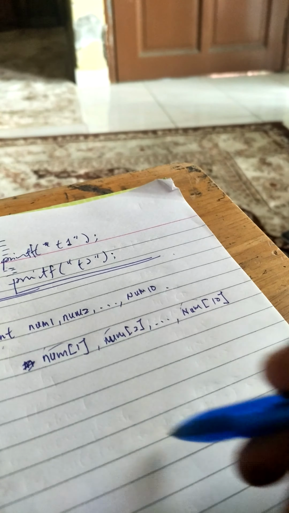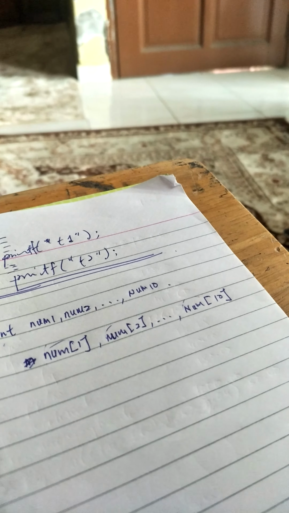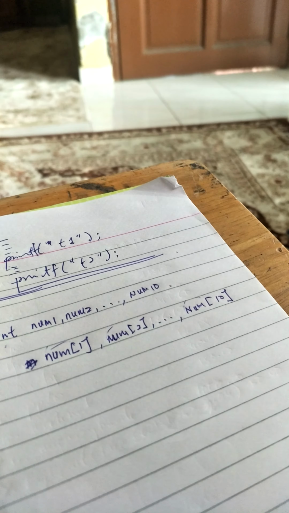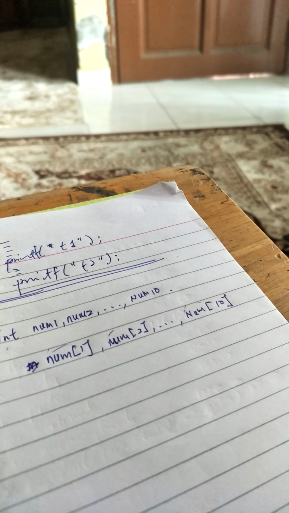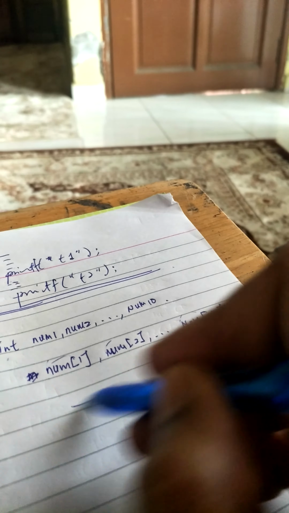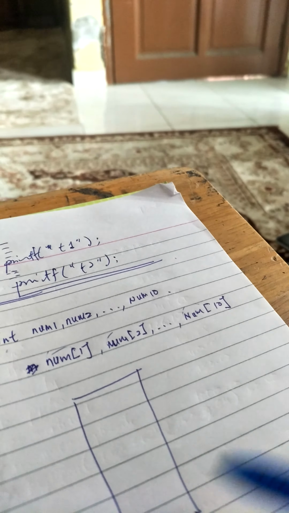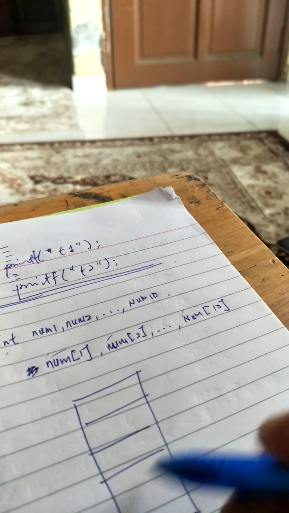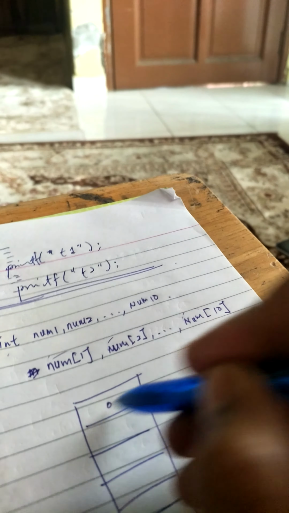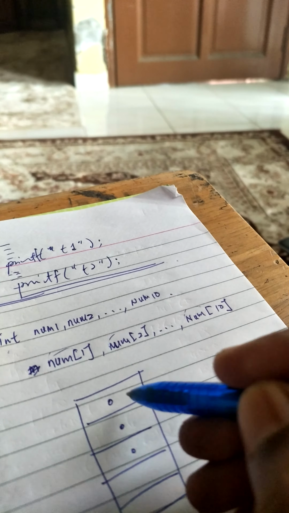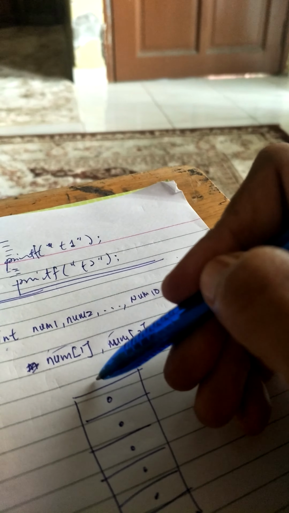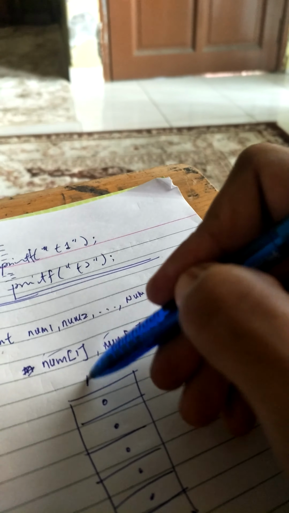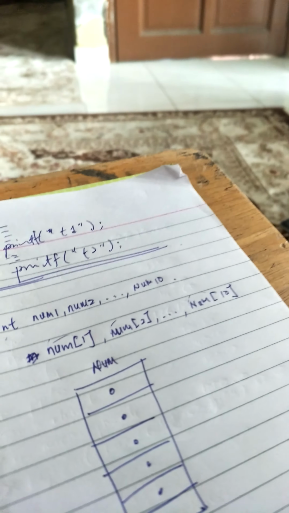Let's say you have a what do you call that, those things, a drawer. So we have a first drawer, second drawer, third drawer, fourth drawer, and so on. Let's give this whole thing a name, just num.